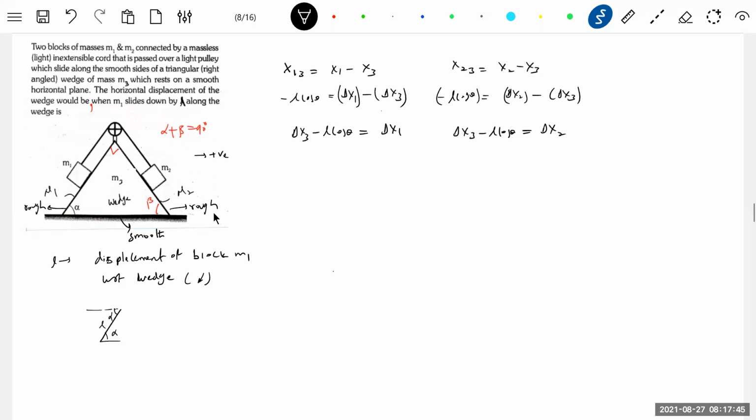L cos alpha, no? Okay, we go to this one. So I'll directly jump into the formula. M1 delta x1, M2 delta x2 plus M3 delta x3 equal to 0.